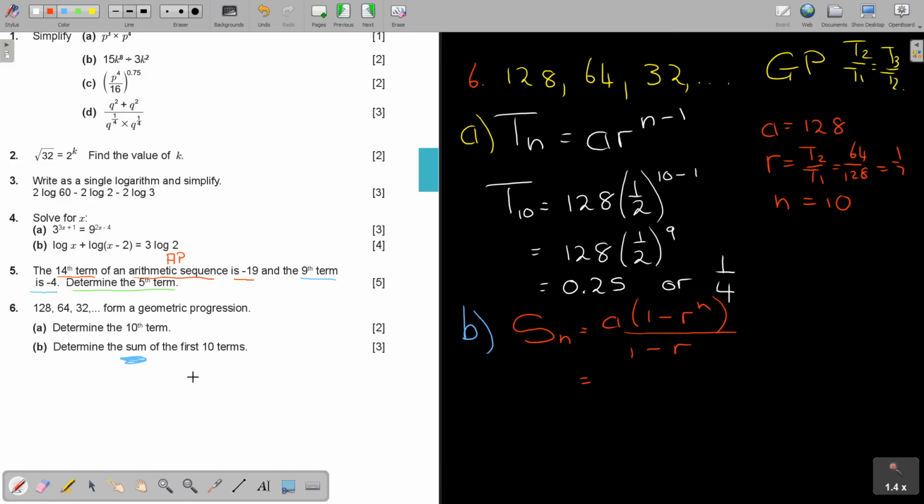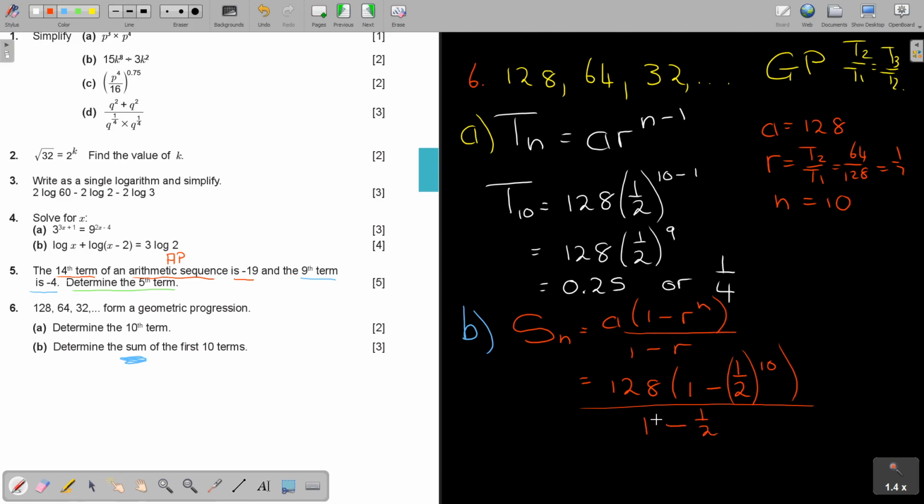I know that the value of A is 128. I know the value of R is a half. And I know it's to the power of 10, over 1 minus a half.